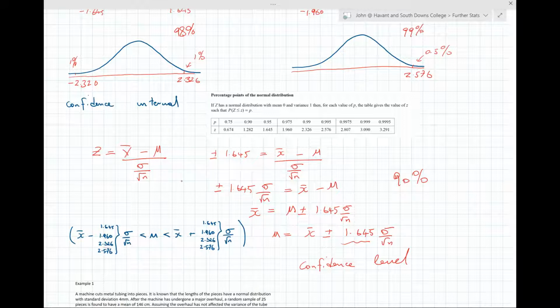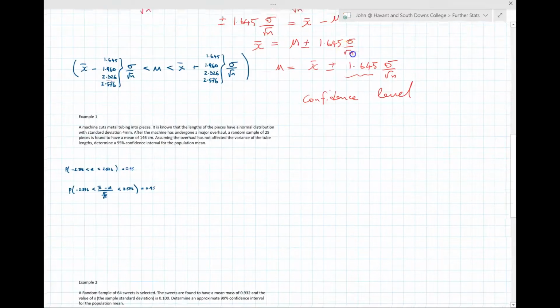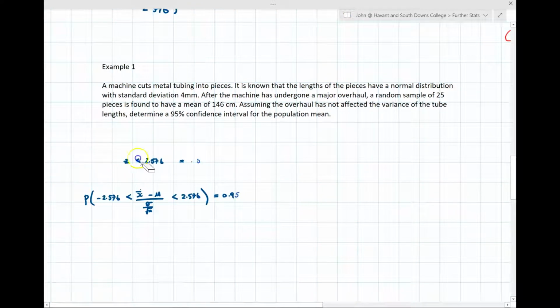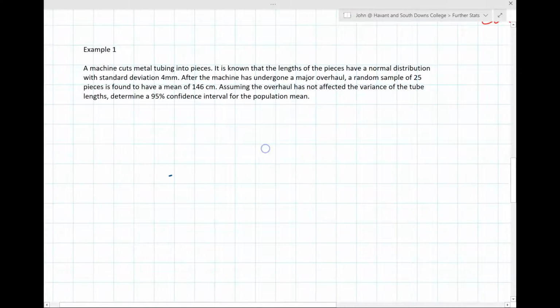Okay, let's do an example, or a few examples now, and then hopefully we're okay with confidence intervals. Let's just do this example here. Let's rub that out for a moment. Right, so we've got a machine that cuts metal tubing into pieces. It is known that the length of pieces has a normal distribution, with standard deviation 4 millimeters, which means the variance of course is 16.